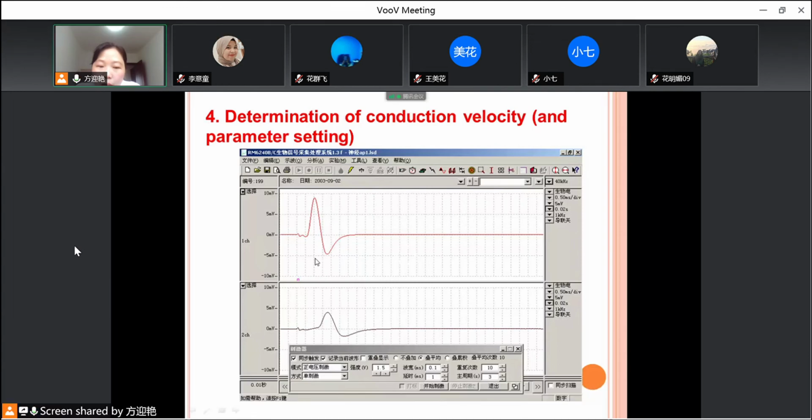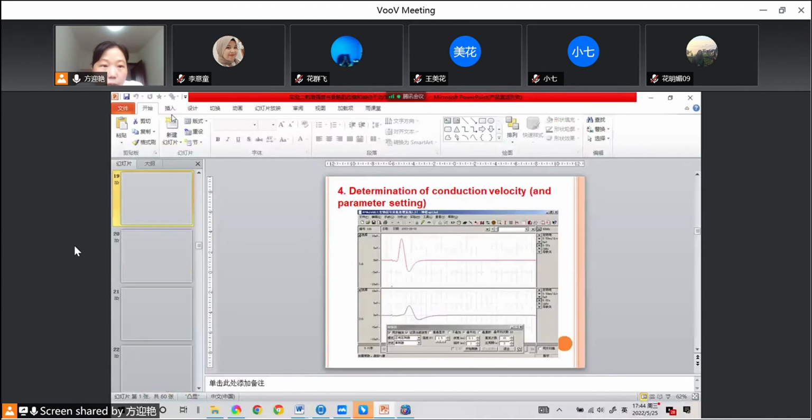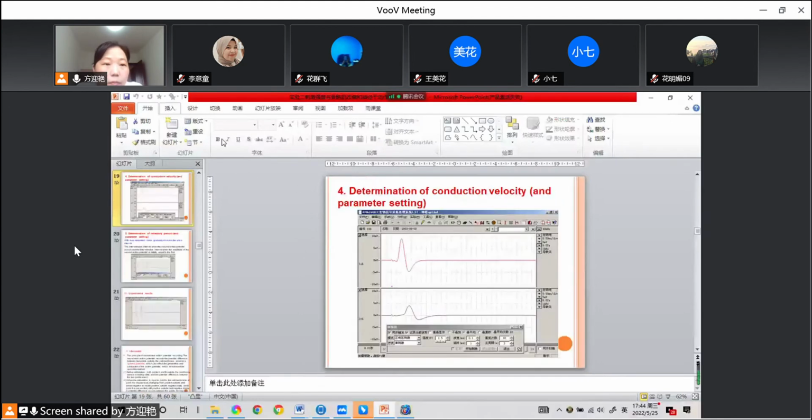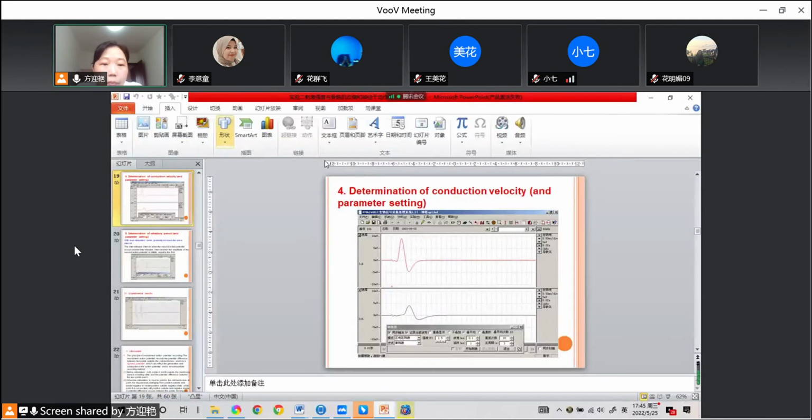Because from the left to right means the time, one case means that the time is equal to 0.5 microsecond.